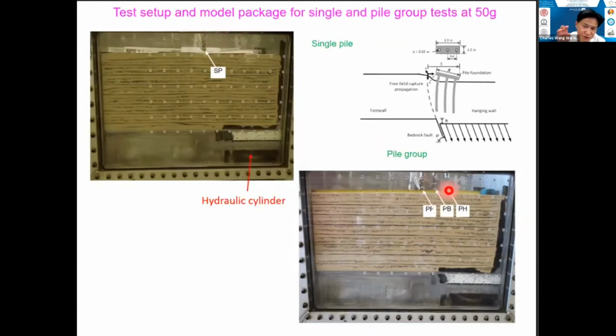In other words, we apply vertical load first, then we allow fault movement to take place. After spinning down the centrifuge, post-experimental observations were made, and the deformation, the bending moment on the piles, and the pile cap were measured during the test.